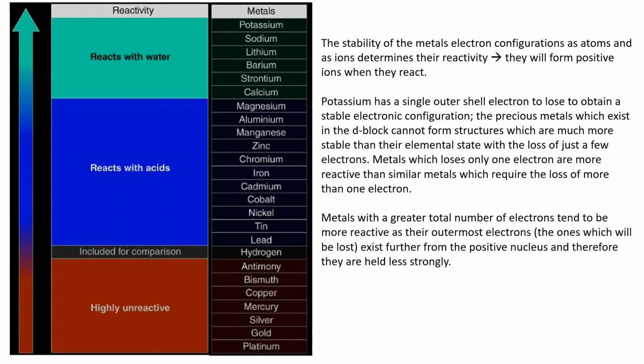Metals which lose only one electron are more reactive, so in this case it's group 1, and then after group 1 it is group 2, which requires the loss of more than one electron. Metals with a greater total number of electrons tend to be more reactive as their outermost electrons, the ones which will be lost, exist further from the positive nucleus and therefore they are held less strongly.